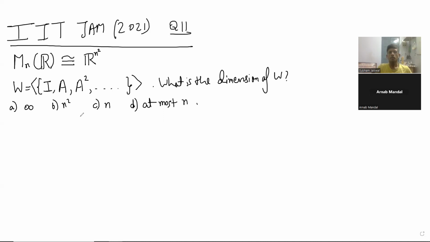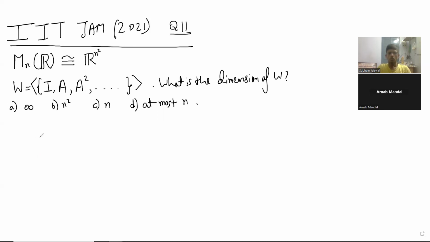Let's take a matrix from M_n(R), any arbitrary matrix. Suppose that is A to the power b. I mean, n is given, so you take any other variable.